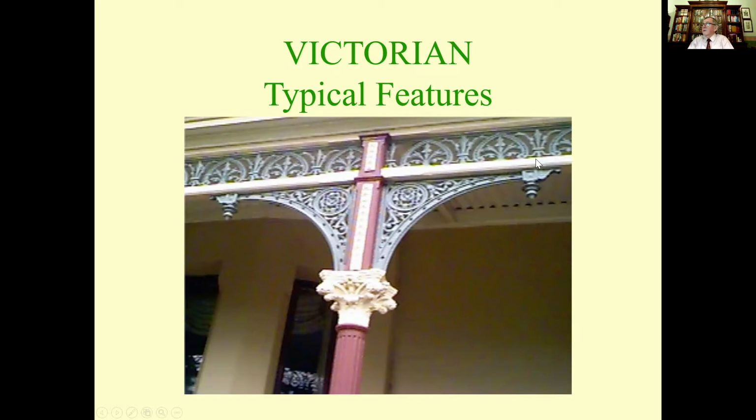So this is the cast iron lacework. So you can see stylised designs of usually floral in nature, and there are hundreds of these designs because there used to be lots of cast iron foundries.